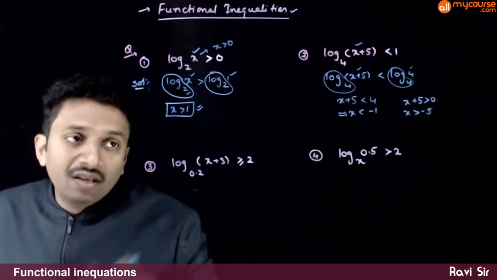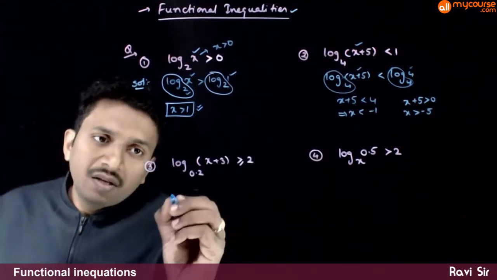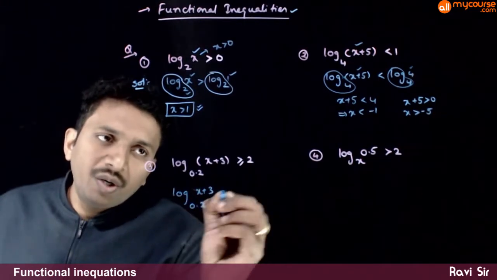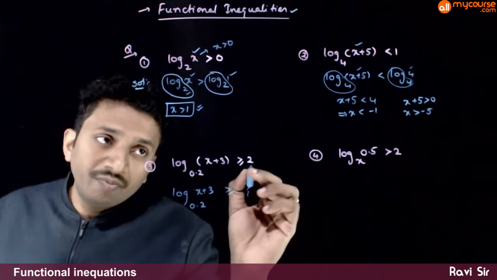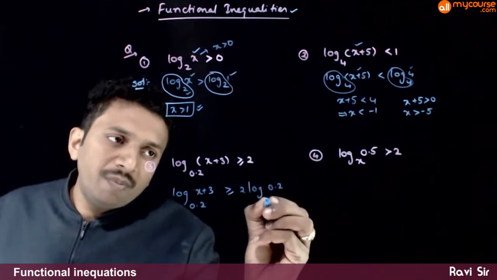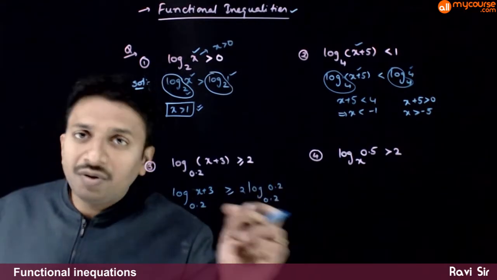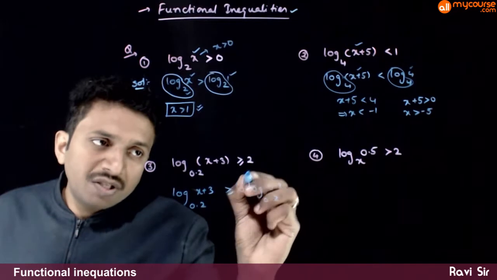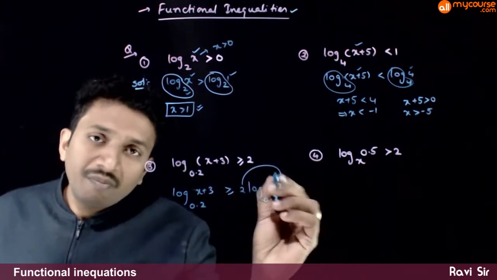Now if you go to the third one, log of x plus 3 to the base 0.2 is greater than or equal to 2 times log 0.2 to the base 0.2. Log 0.2 to the base 0.2 is nothing but 1. Now according to the properties of logarithm, this 2 goes onto the power, right?